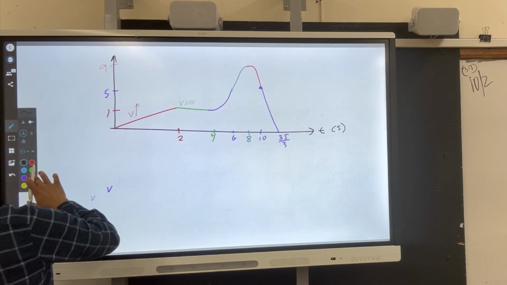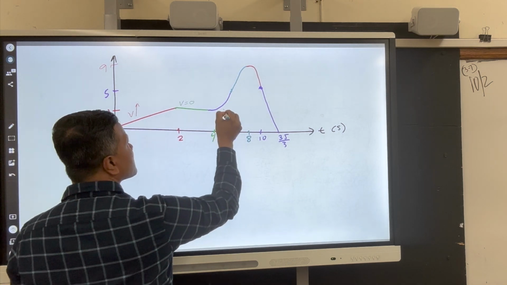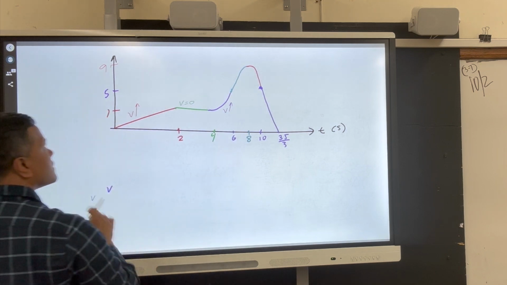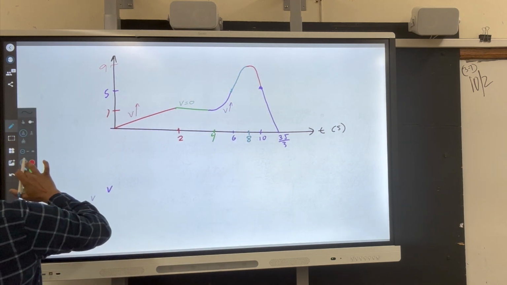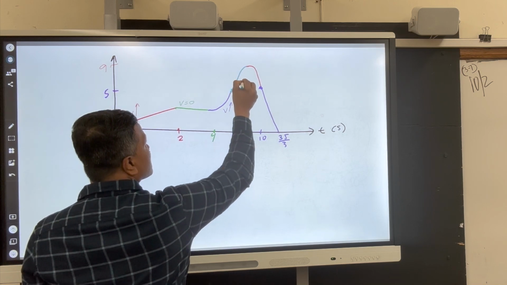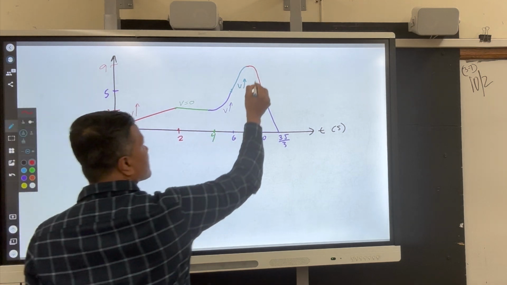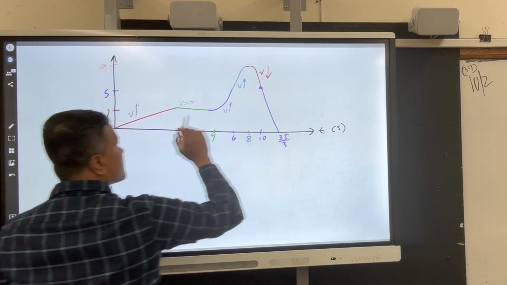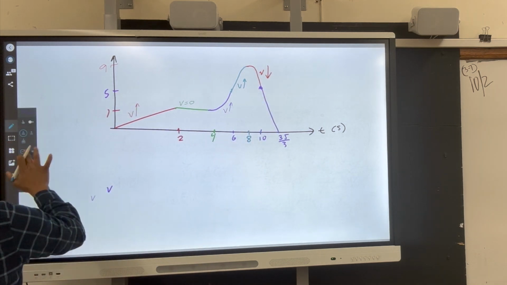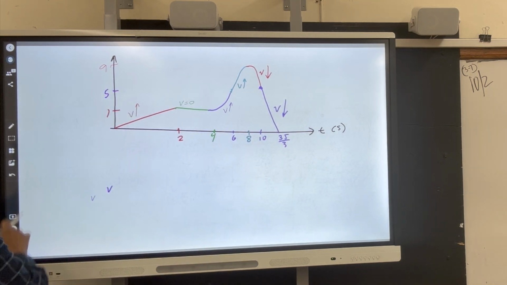Over here, the velocity is positive. Over here, the velocity is also positive. Over there, the velocity is negative. Over there, the velocity is negative. Okay, now let's see acceleration.